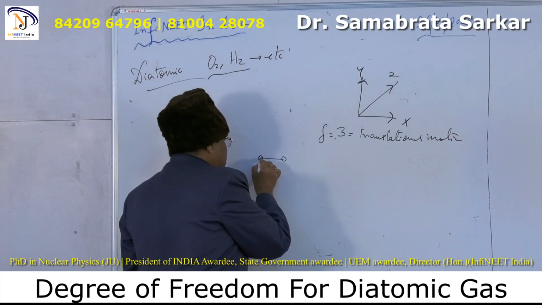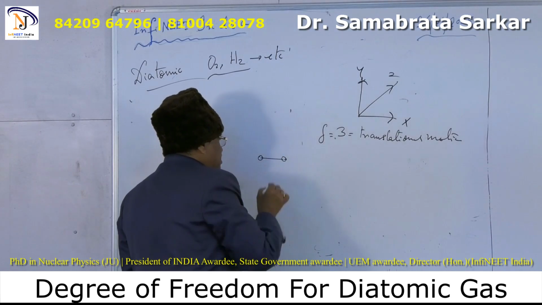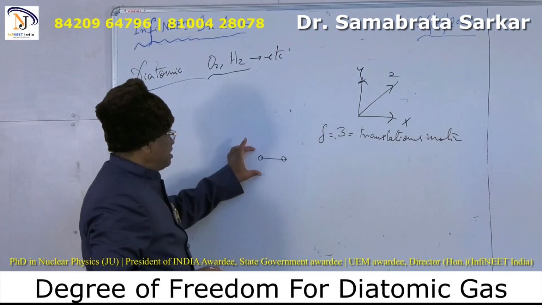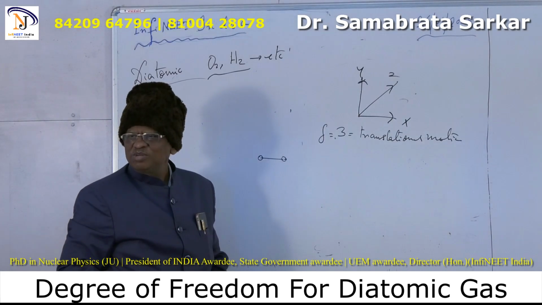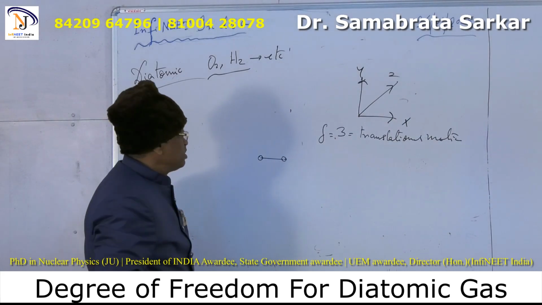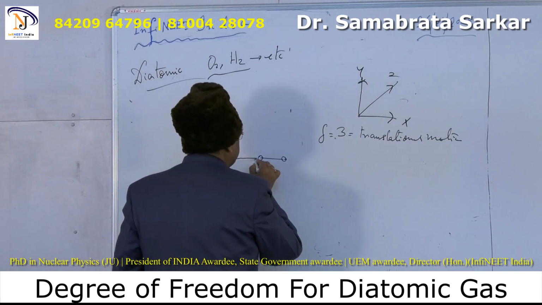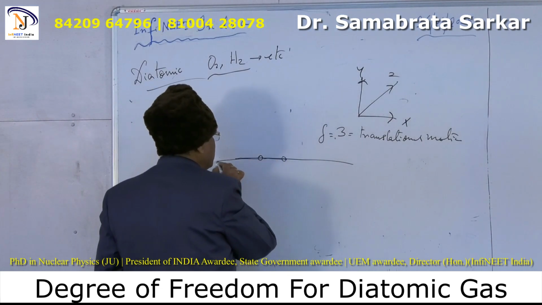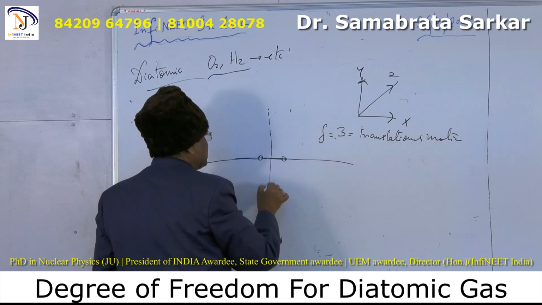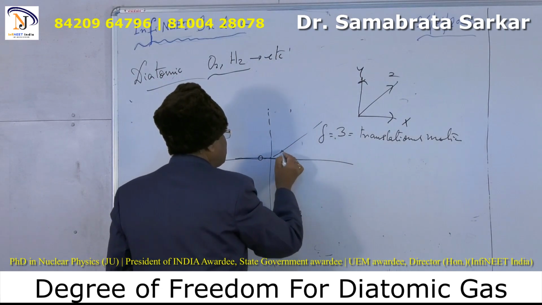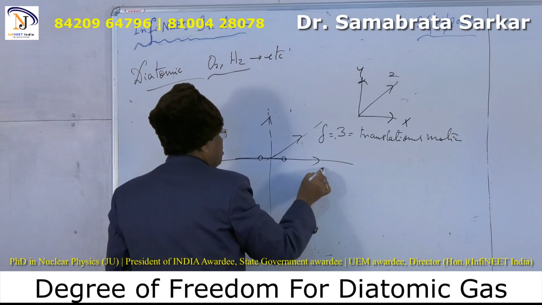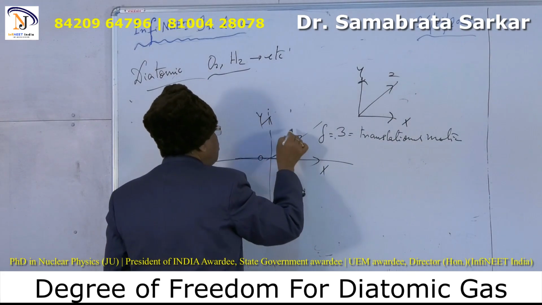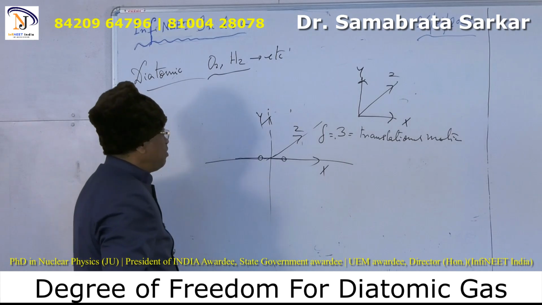If it has no dimension, it's very small, but the distance between two atoms is not ignorable. So if you keep it on the x-axis, just try to feel what you are getting.